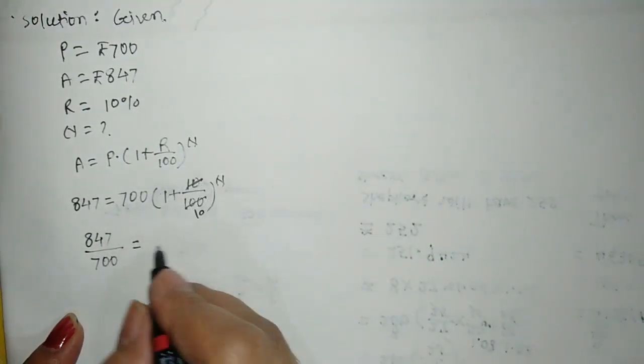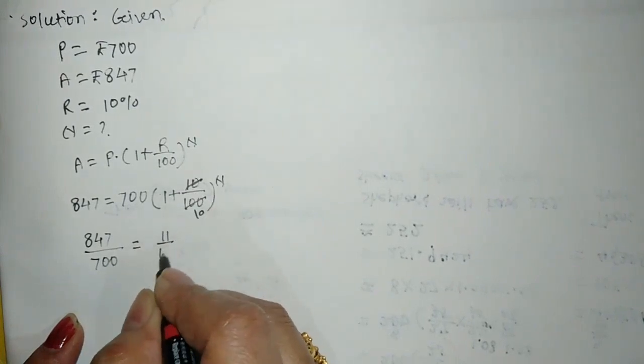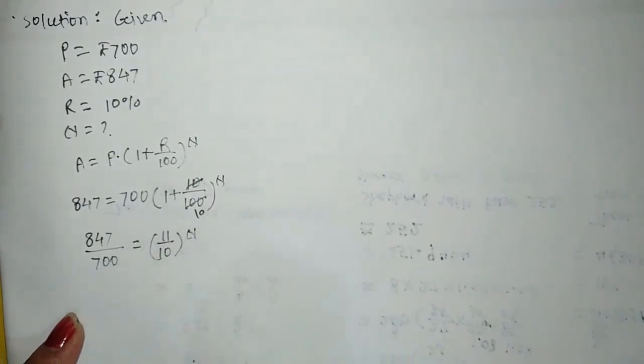So 10 ones are 10, plus 1 is 11 upon 10, raised to n.